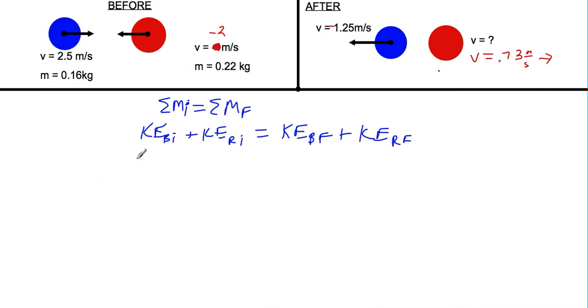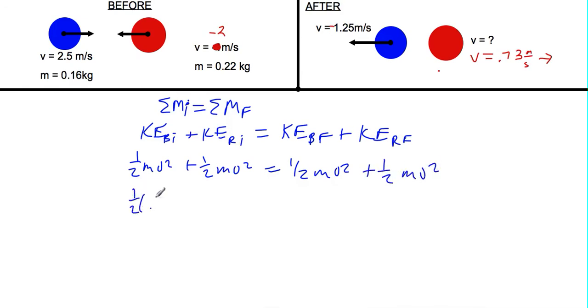So again, this is 1/2 mv squared plus 1/2 mv squared is equal to 1/2 mv squared plus 1/2 mv squared. So 1/2 times 0.16 times our velocity squared, 2.5 squared, plus 1/2 times 0.22 times our velocity here, which is -2 squared.